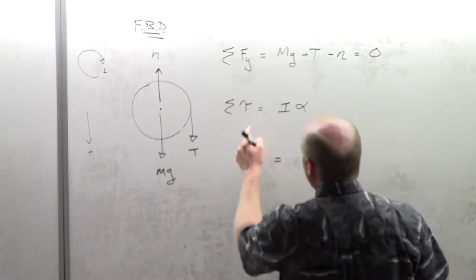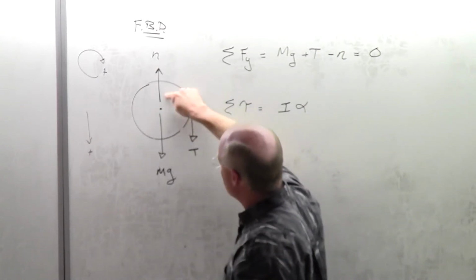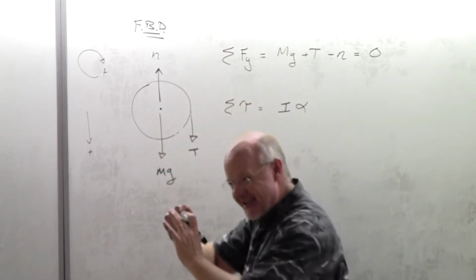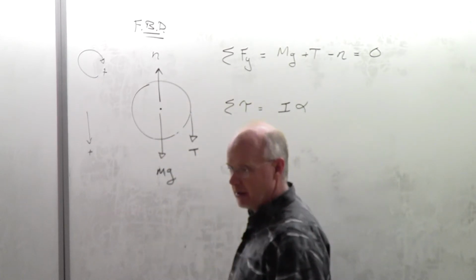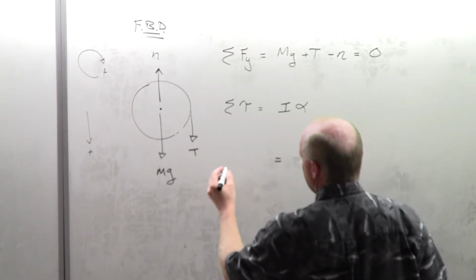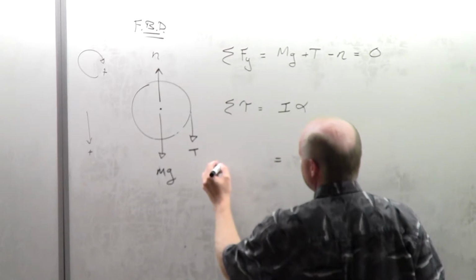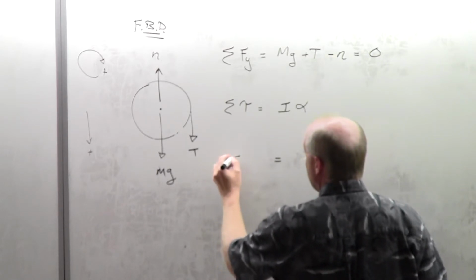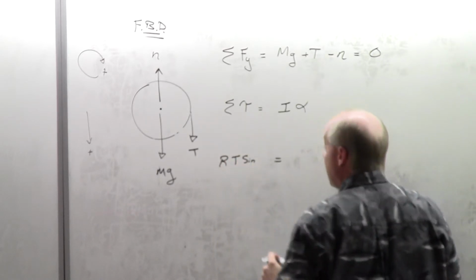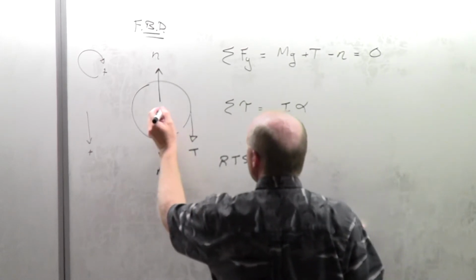And as we already mentioned, as you go to add up all your torques, how much torque do you get from these two forces? None. So what's the torque from this one? Okay, I'll put it as an R, a T, and a sine of... Yeah, and so we need to come back to this.